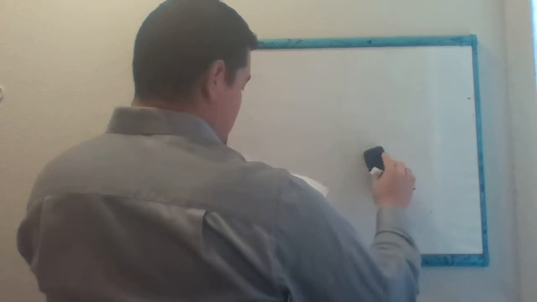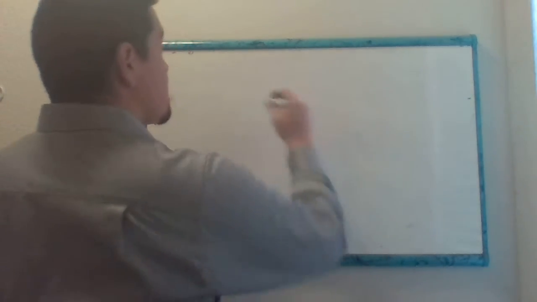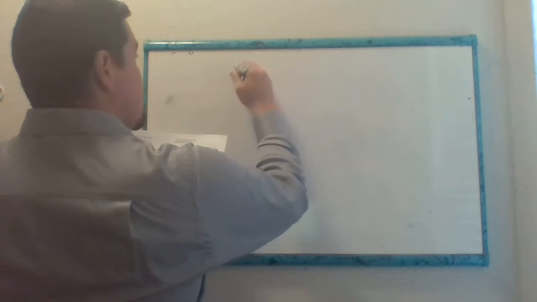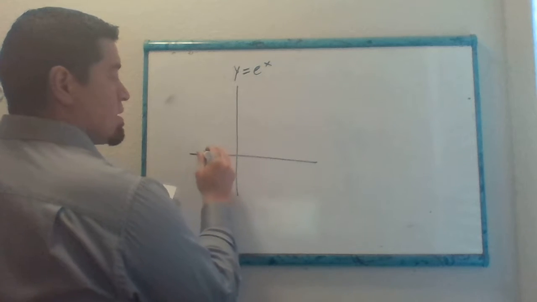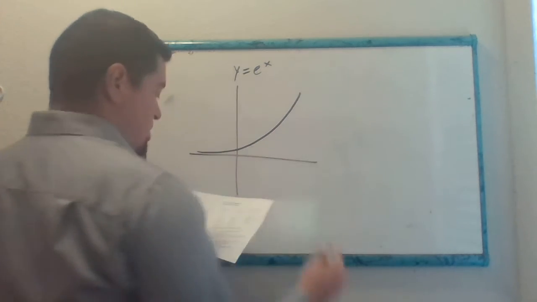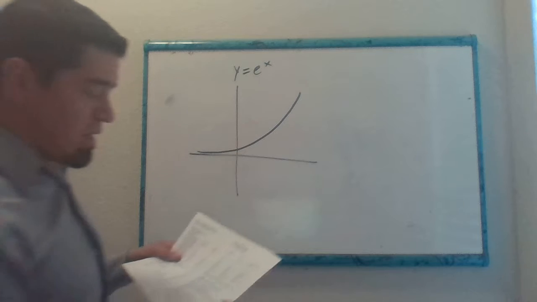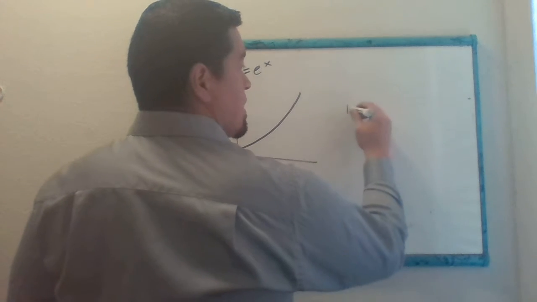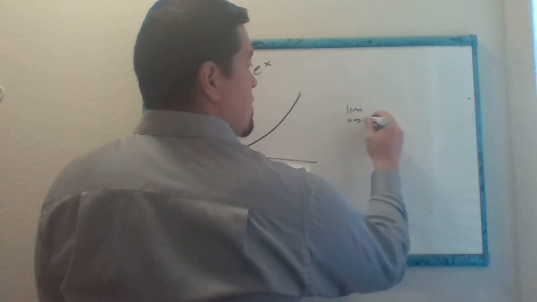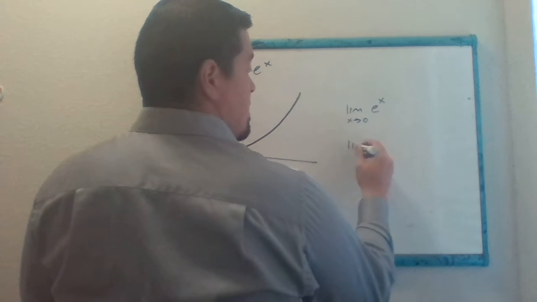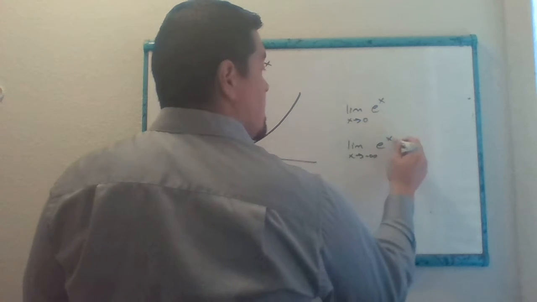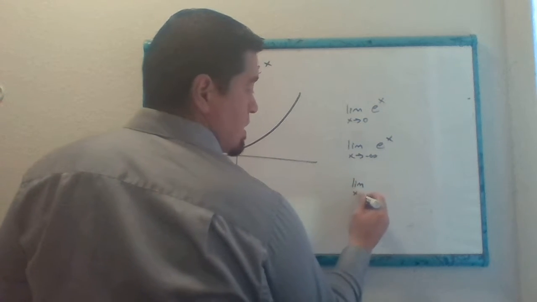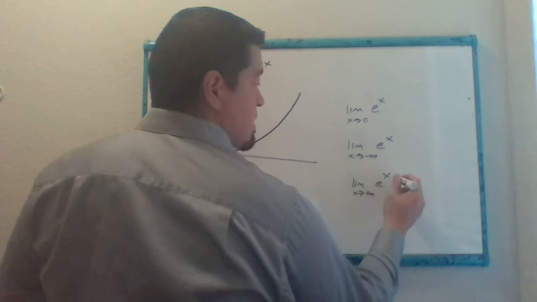Okay, so in that case, that limit exists. But let's do justice and do maybe a few more. There's also y equals e to the x on your page, which looks like any exponential function. And we can get a couple of limits. The limit as x approaches 0 of e to the x, the limit as x approaches negative infinity of e to the x, and then the limit as x approaches infinity of e to the x.